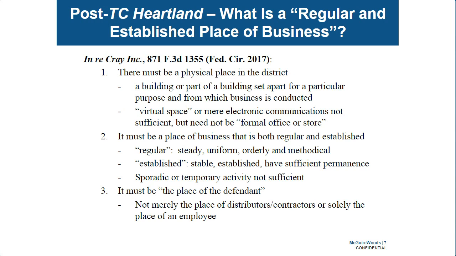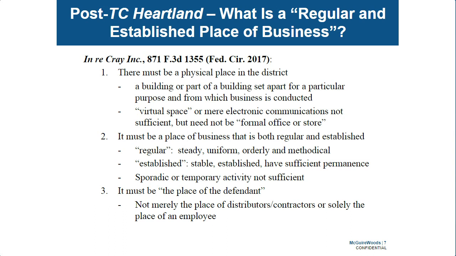Well, the Federal Circuit explained in In re Cray that in order for a place to be a regular and established place of business, there must be a physical place in the district. Okay, so there's got to be something physical in the particular place for that place to be a regular and established place of business.